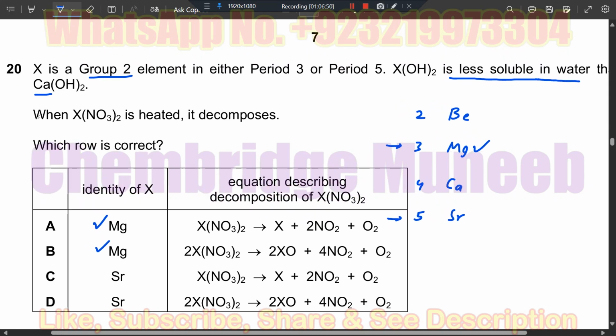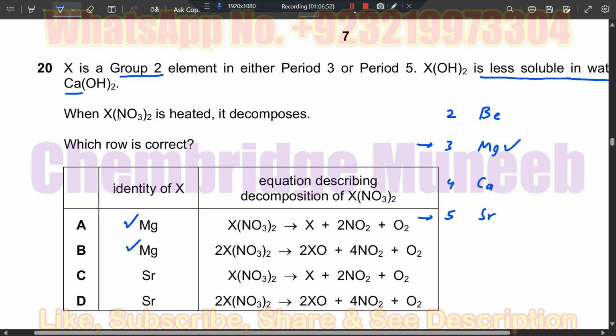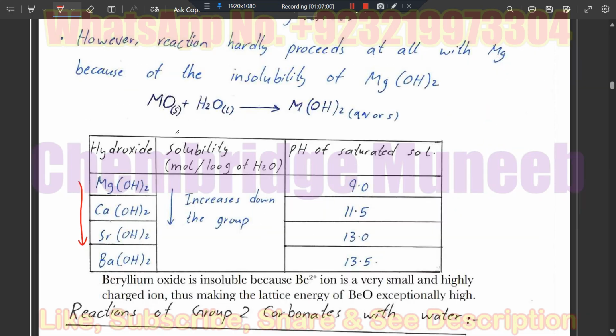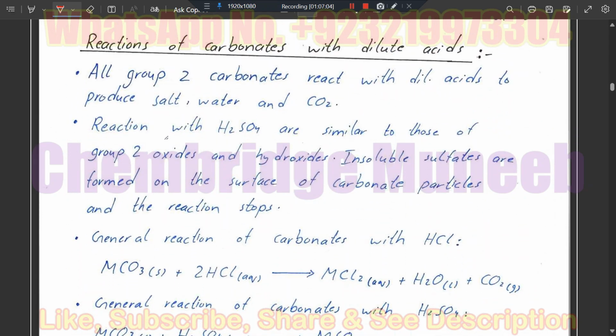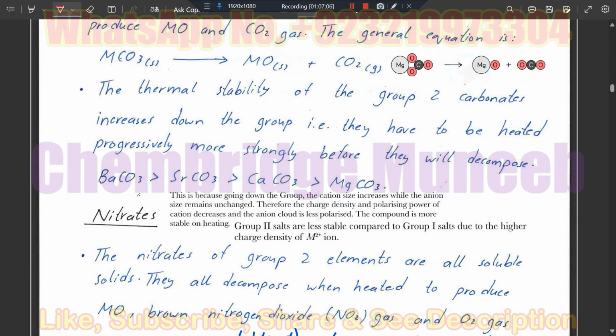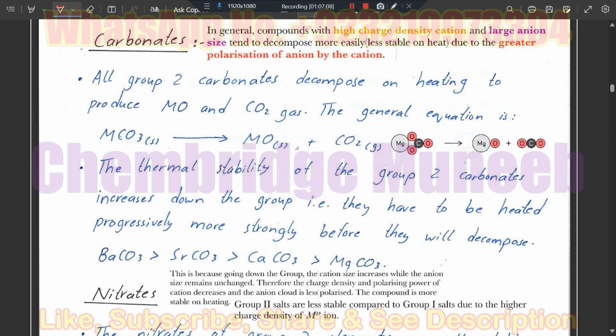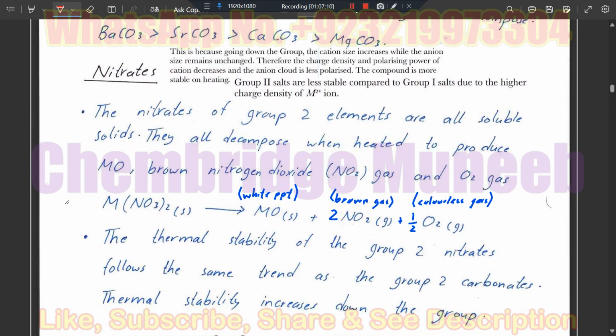And then the second point is saying that when the nitrate of X is heated, it decomposes. So we have to look for the decomposition reaction of the nitrates of group 2. The nitrates are decomposed in this way. This is the general equation for the decomposition of the nitrates of group 2 metals.